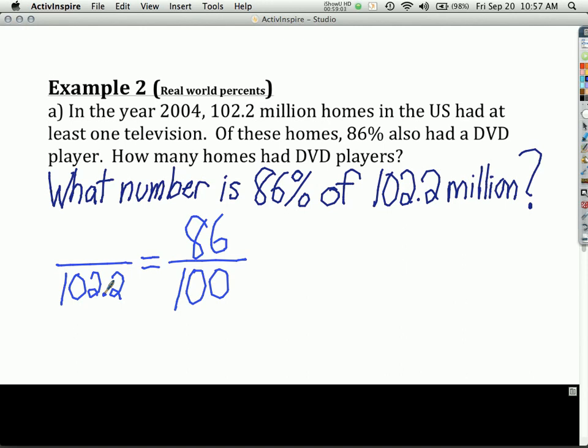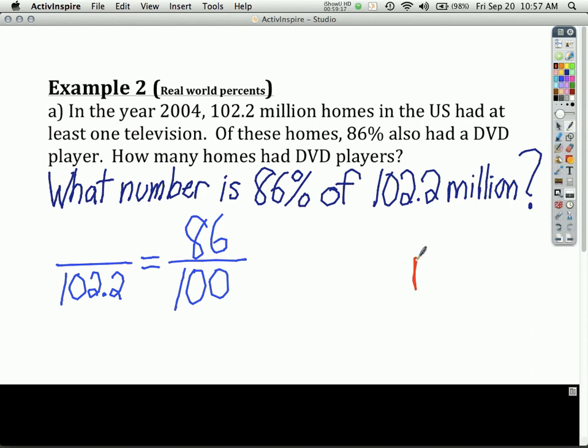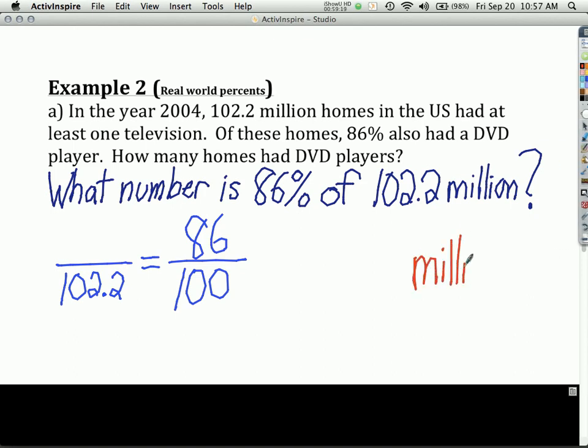That is a short way of writing a really long number. So you have 2 choices. You can either write 102.2, don't write the word million, but then when you write your answer, you have to make sure you put the word million back. Or you could write the entire number.